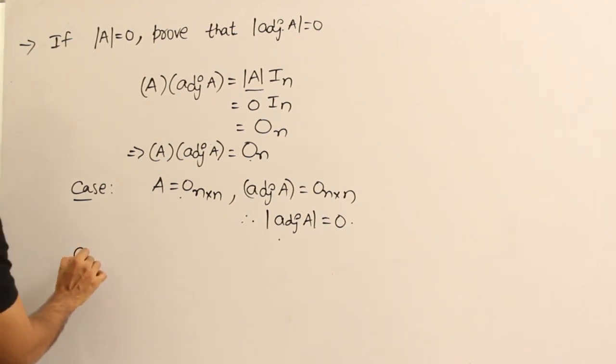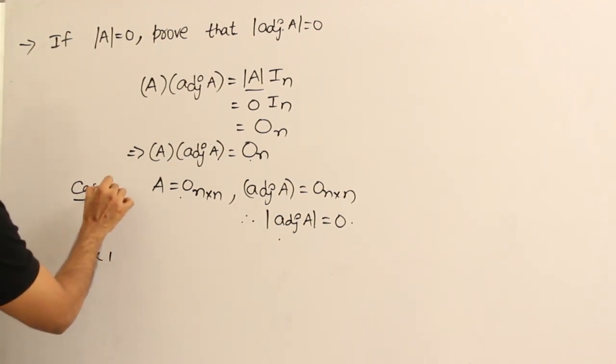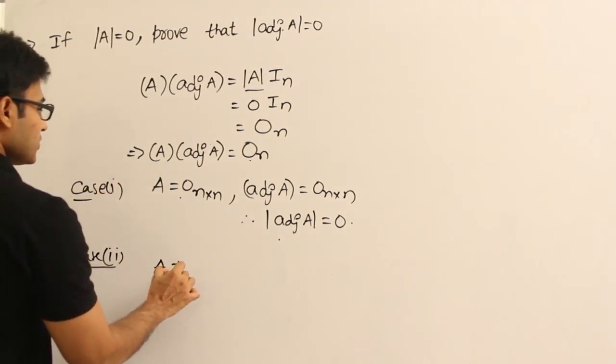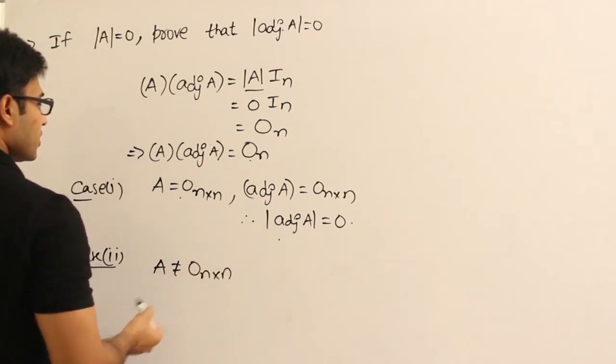So one case is if A is null, then of course we get this. Case 2 is, assume that A is not equal to null, A is not a null matrix.